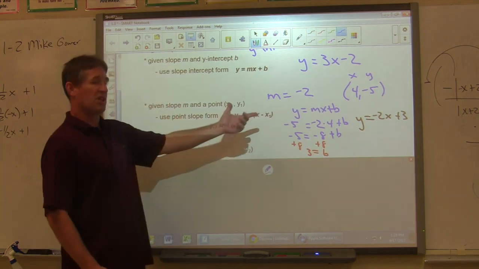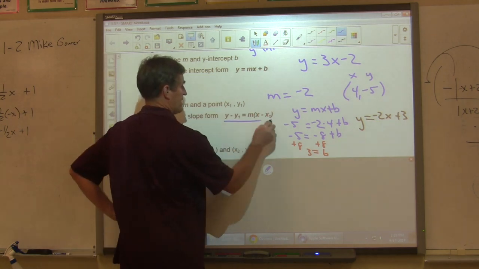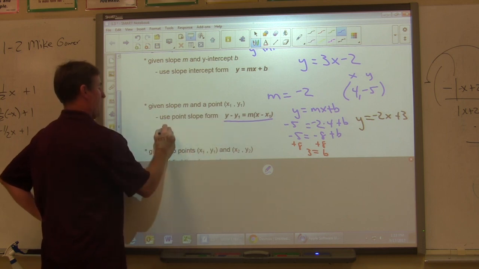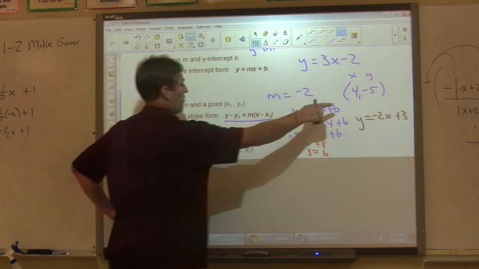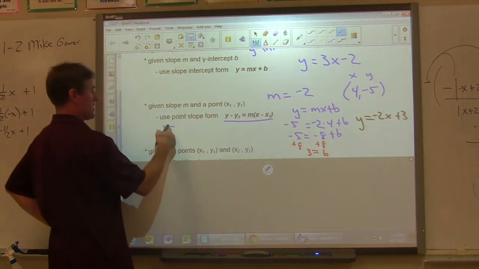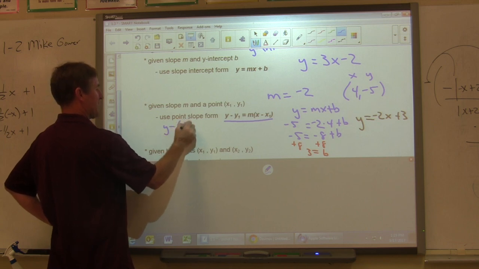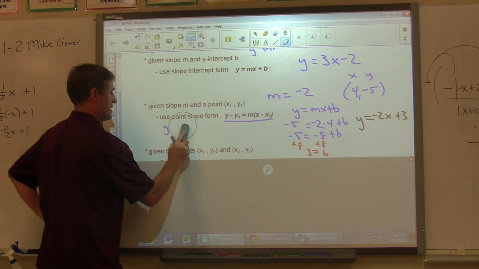Point-slope form is just another equation for a line. So let's do the same thing. We take y minus y1, and our y1 is from our ordered pair, so -5. Since it's minus a -5, I can plug it in this way, or I can just change it to y plus 5 because of the double negative.